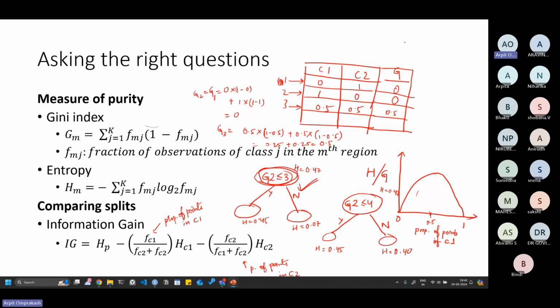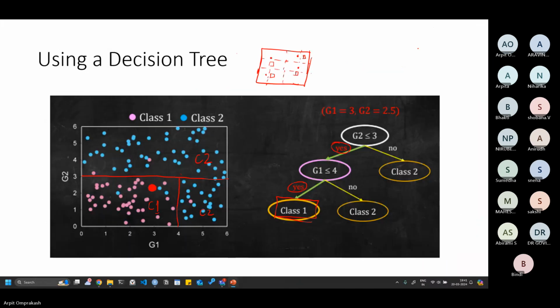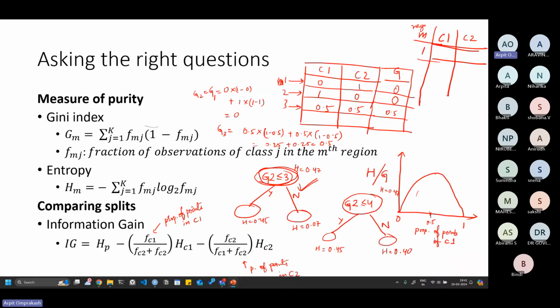So let's say you have class 1 and class 2, and here you have M. So M is basically your region. In region 1, let's say you have this much proportion of 1 and this much proportion of 2.